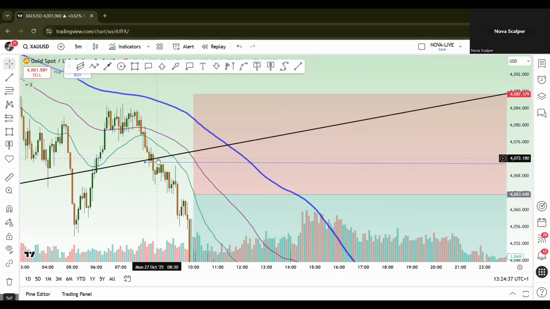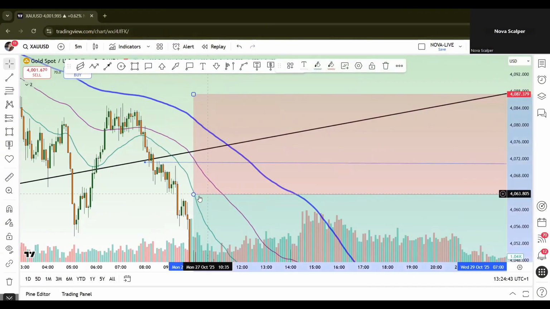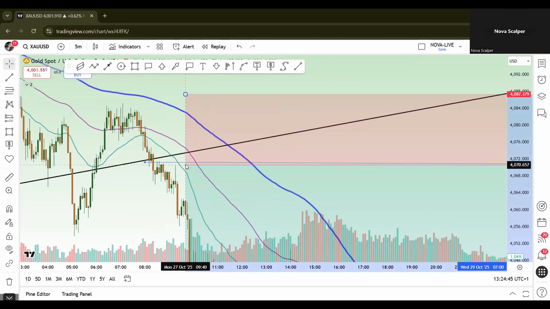So this is the perfect price zone for you to re-enter, if you're looking in the smaller time frame, and you can improve your entry level down here, because previously I just did an analysis for you in the 1 hour time frame.